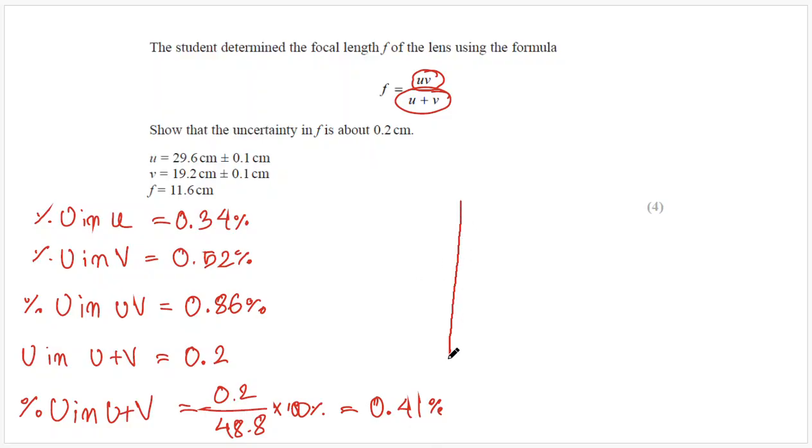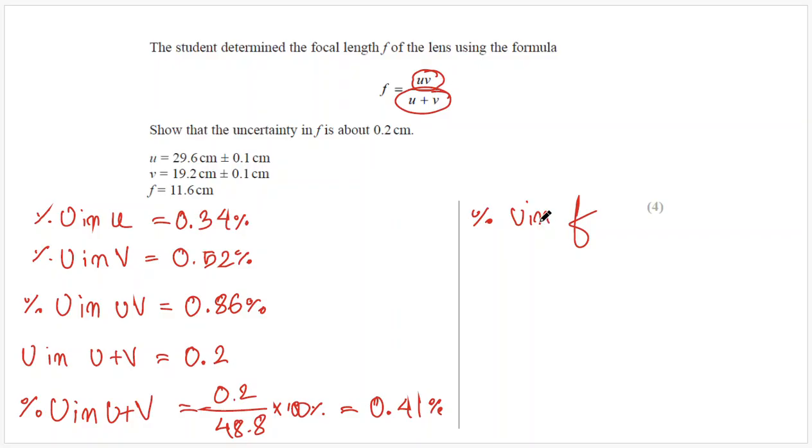Now, let's find out the percentage uncertainty in F. So when you look at the equation for F, UV and U plus V are in division form. And like I've been saying from the beginning, when quantities are in product or division form, you add up their percentage uncertainties.